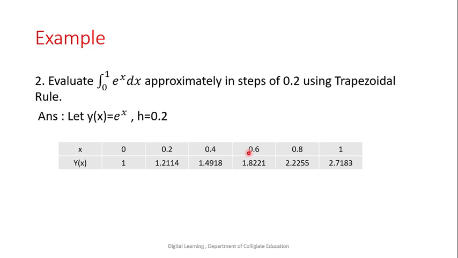Similarly x3 is 0.6, x4 is 0.8 and x5 is 1. Now find the y value. Here y is e to the power of x. Put the x value in e power x, then we get the corresponding y values y0, y1, y2, y3, y4 and y5. Now write the trapezoidal rule formula.